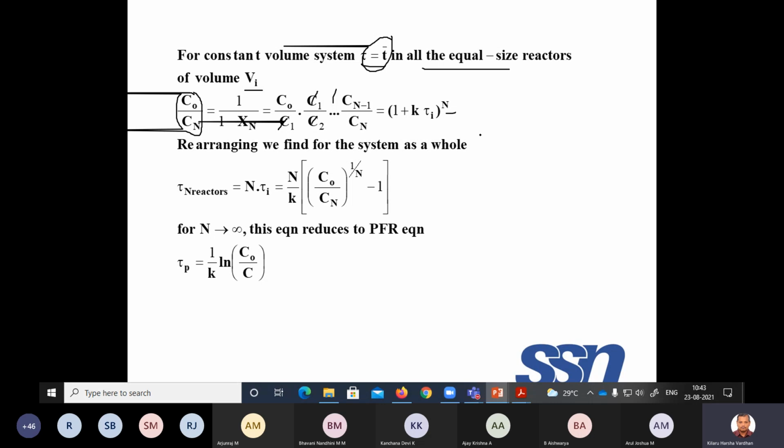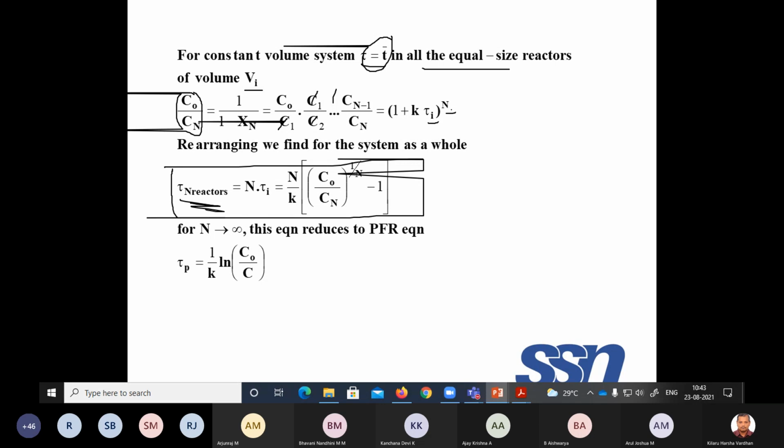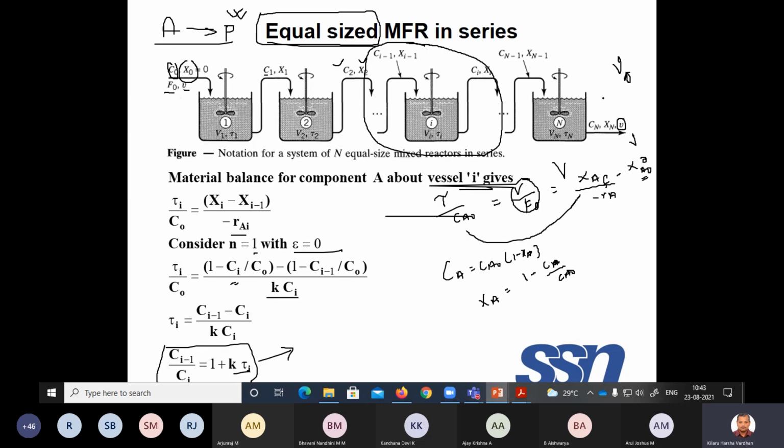So if you rearrange this equation, we want N. So tau for N reactors is N into tau I, from this equation. If N is going to be infinite, that is, a lot of reactors are there in series. Here N is not the order, small n is only the order. This is capital N, the number of reactors.